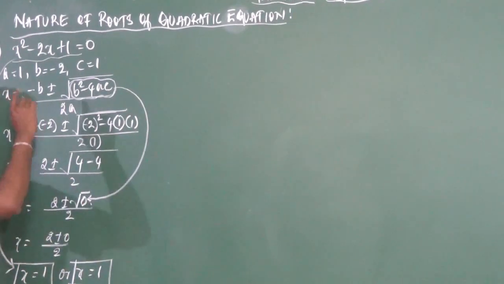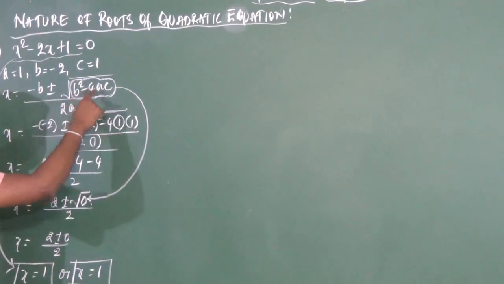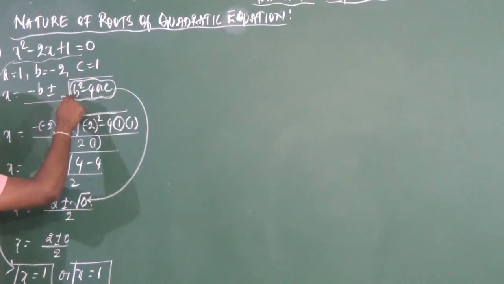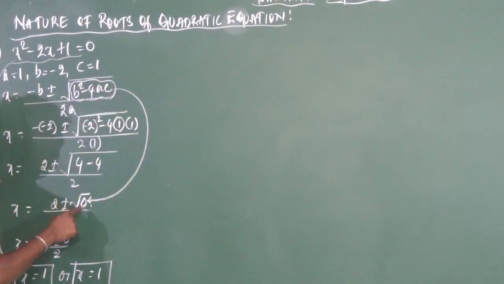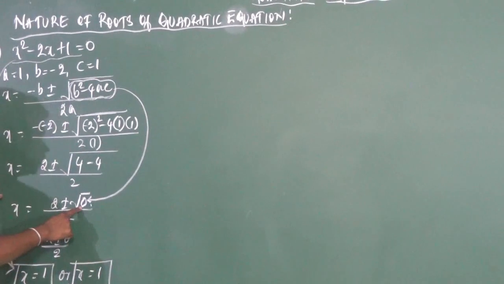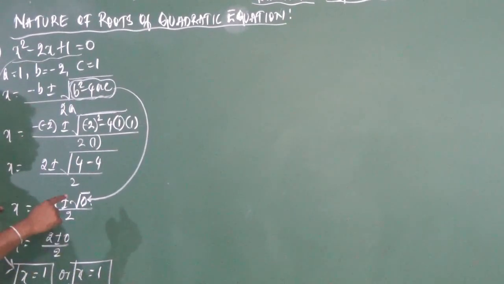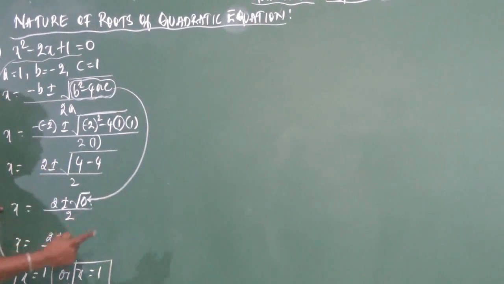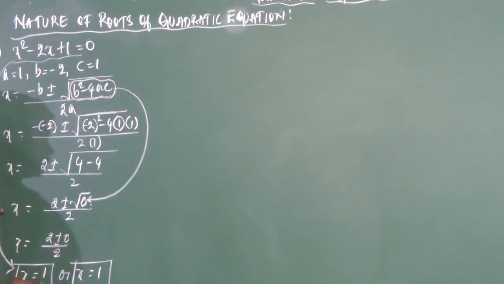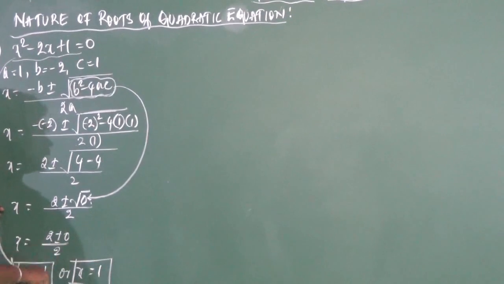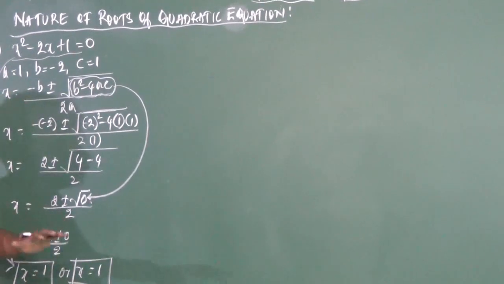So in a quadratic equation, if b square minus 4ac is equal to 0, then the roots of that particular type of quadratic equation will be real, rational, and equal. So this is the conclusion, right?